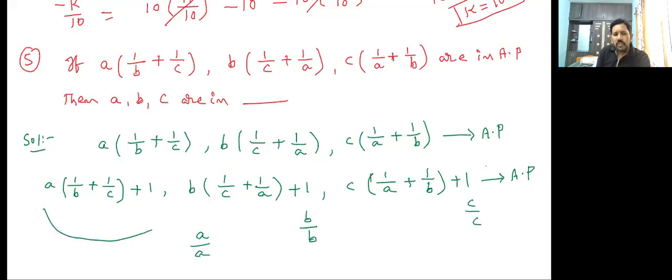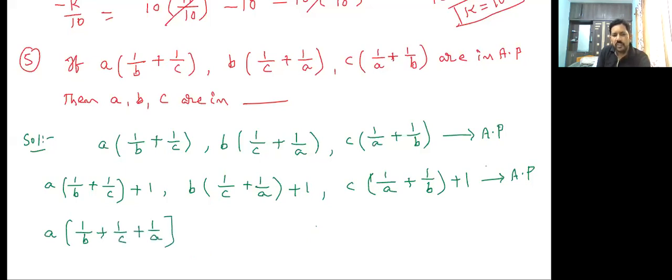And in these terms, take A common. Here B common. Third term, C common. Then what happened? Now here A common, remaining is 1 by B plus 1 by C plus 1 by A. Students, do you understand? Multiply with A here, these two terms, you will get this.